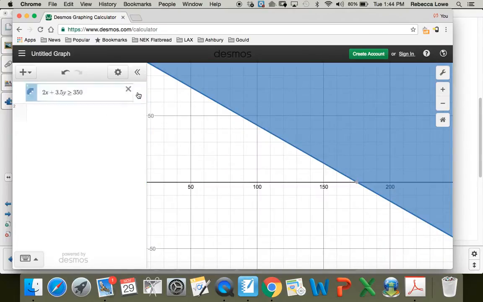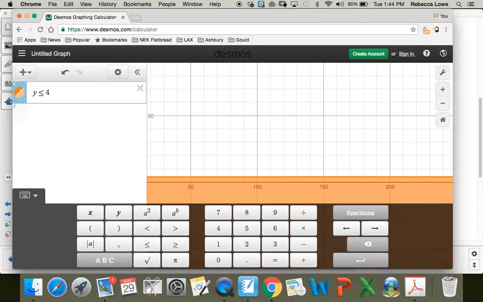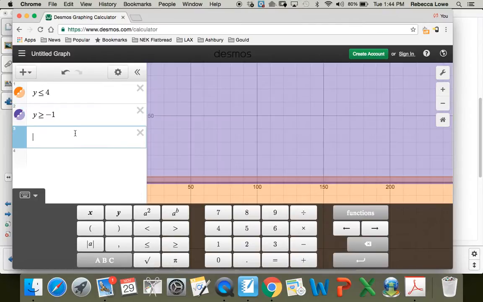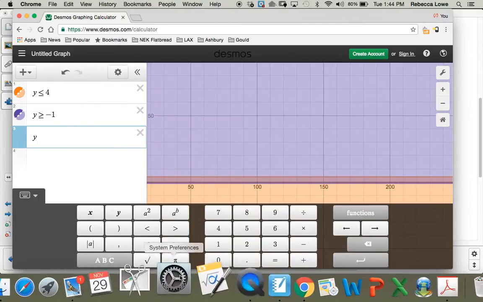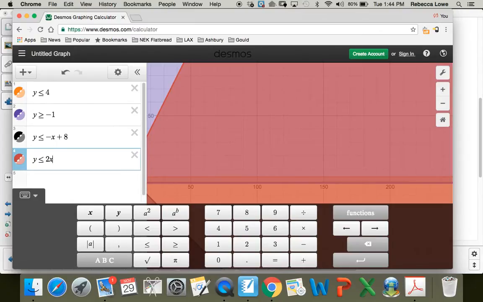So I'm typing in all 4 of the inequalities that we see in number 2. And this is a great tool for checking. There's y is less than or equal to 4. y greater than or equal to -1. y less than or equal to -x plus 8. And y is less than or equal to 2x plus 2.